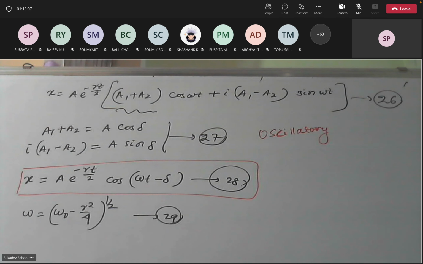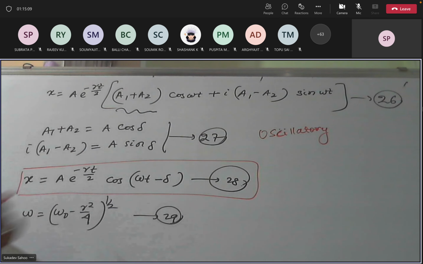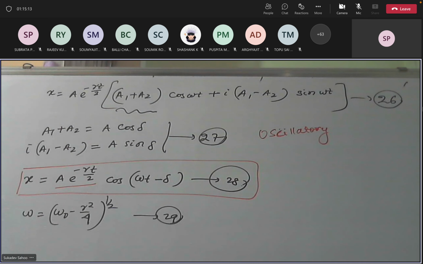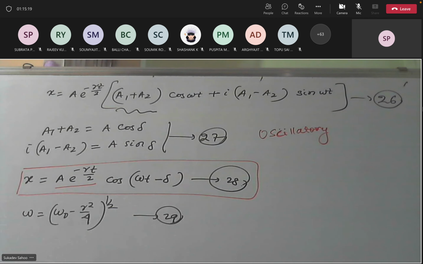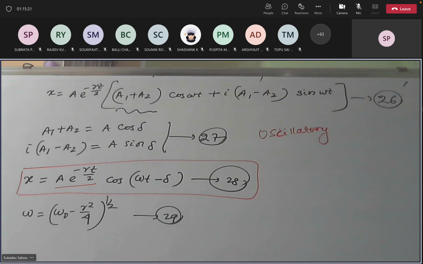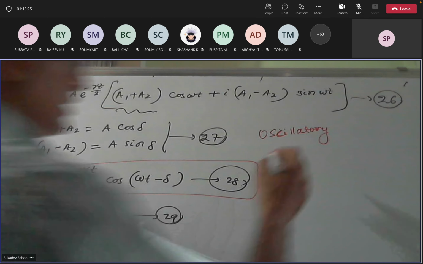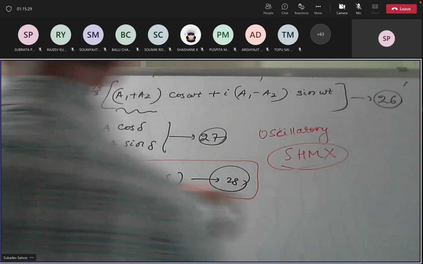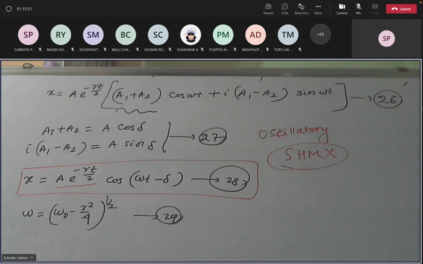Now you see the amplitude. What is the amplitude? A e to the power minus gamma t by 2. Since the amplitude is not constant and decreases with time, the motion is not SHM. In case of SHM, we know the amplitude is constant.